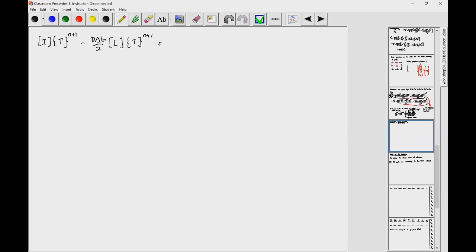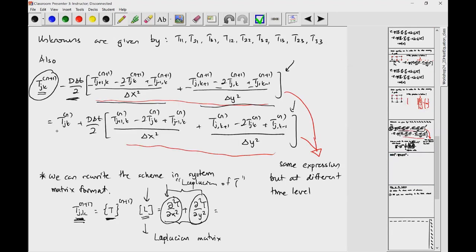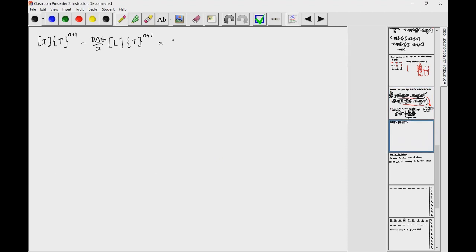And this will equal the right-hand side. The first term is still your Tjk, so we have an identity matrix times T at time level n, and then we have d delta T over 2 Laplacian matrix times T at time level n.